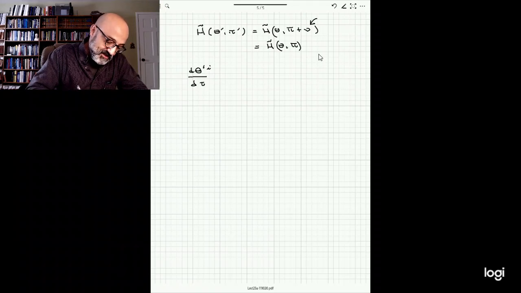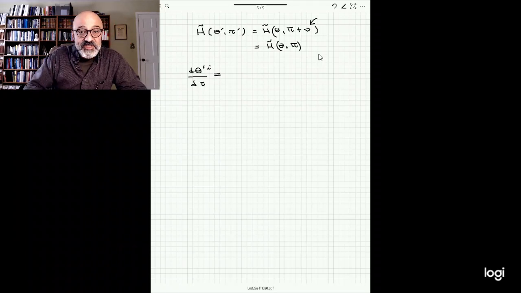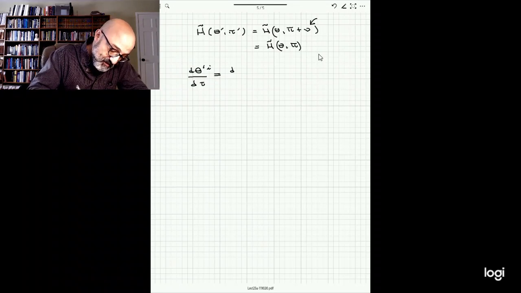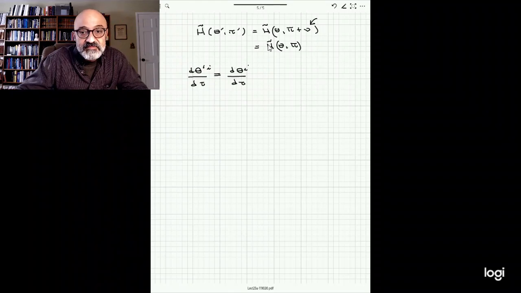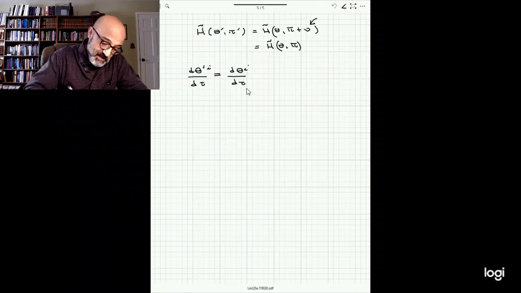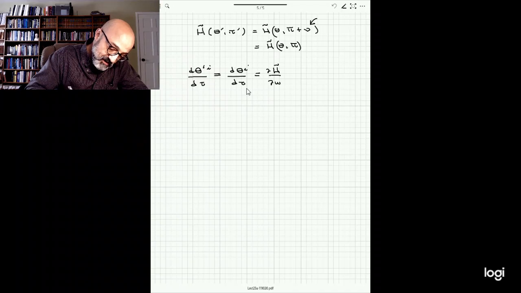The new trajectories are going to be given by something like that, but the thetas are the same, because when you change nu, nothing happens to the thetas. And this guy here is given by Hamilton's equations, as a function of theta and pi.